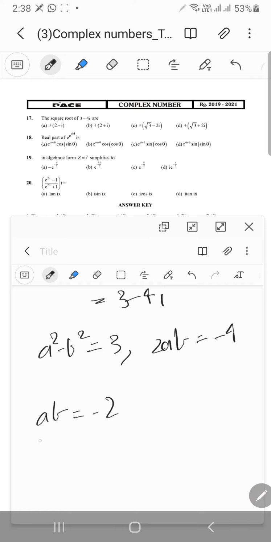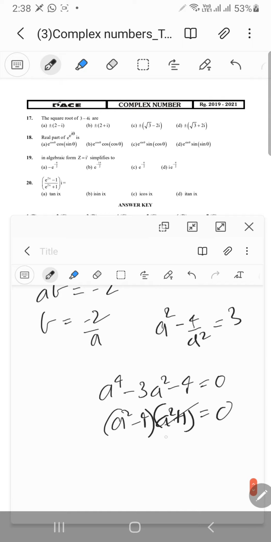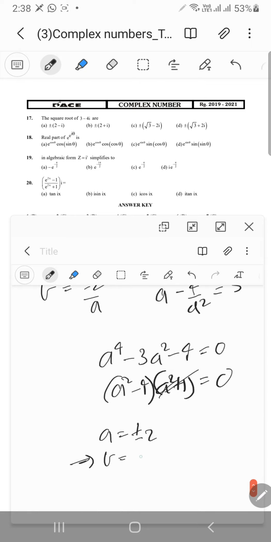Say b is minus 2 upon a, so put that over there. So it's going to be a squared minus b squared, which is just 4 upon a squared, equal to 3. So a power 4 minus 3a squared minus 4 equals 0. So just get a squared minus 4 into a squared plus 1 equals 0. That cancels because a is a real number, and we got a equals plus minus 2, which gives b equal to, in that order, minus plus 1.